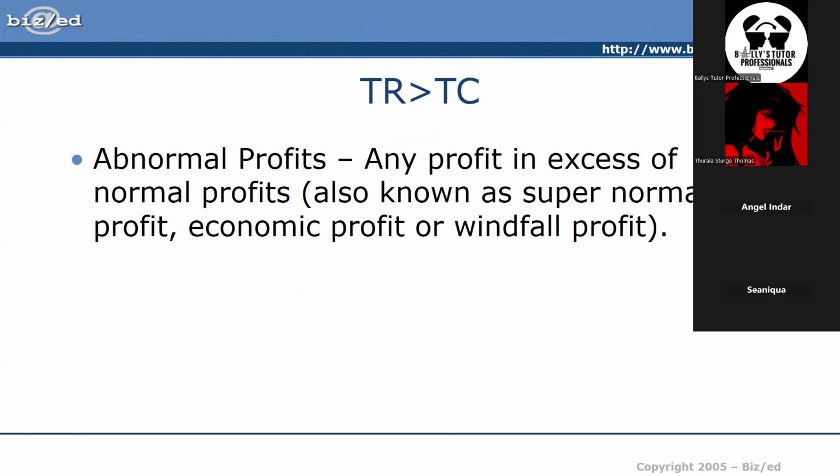So in economics, when we look at total cost, we are looking at total cost in the sense of our factors of production, right? For land, that would be rent. For labor, that would be what?